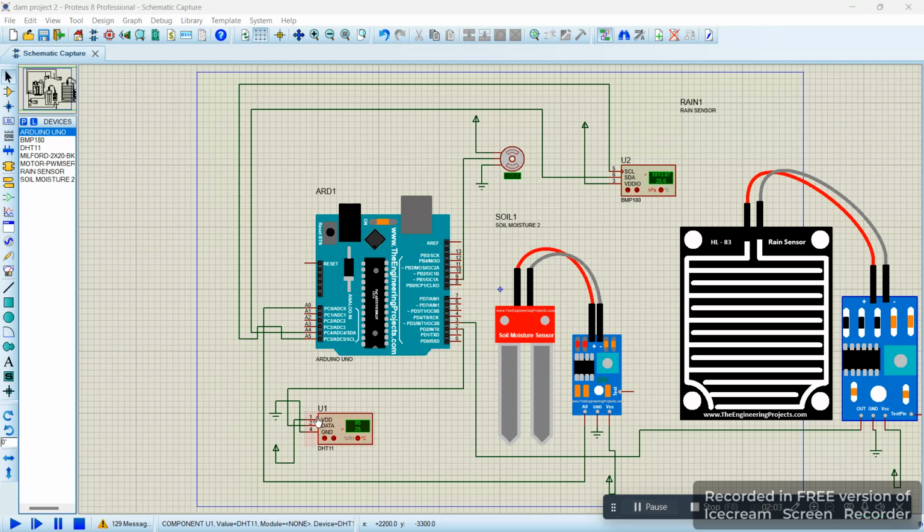Let's simulate our project. First of all, we start the simulation. Here the simulation is started. Now, if we change the value of our DHT11 sensor like this, here the servo motor moves.